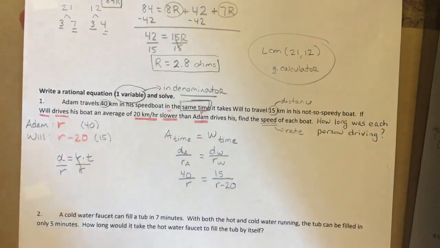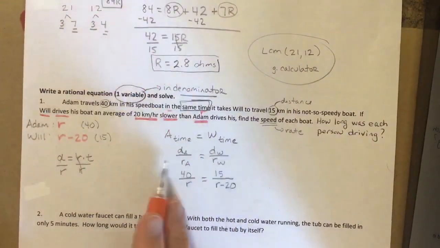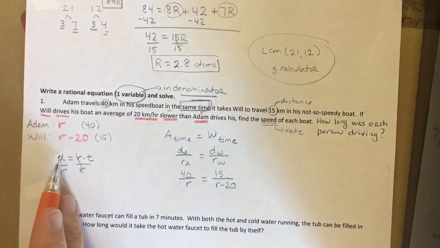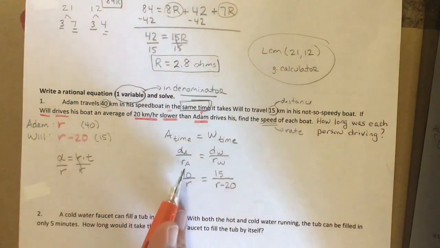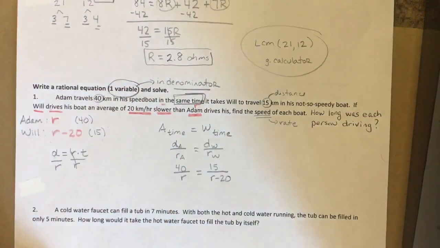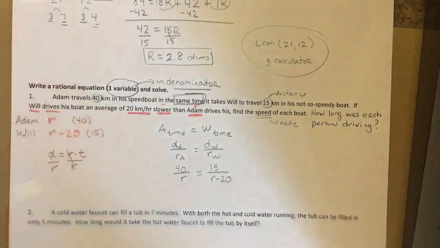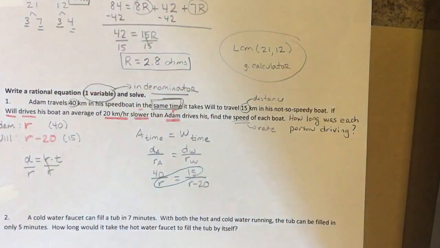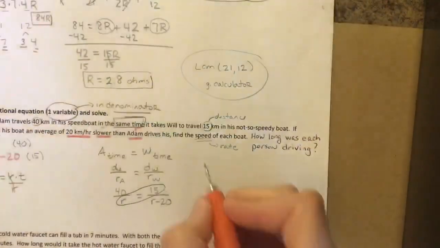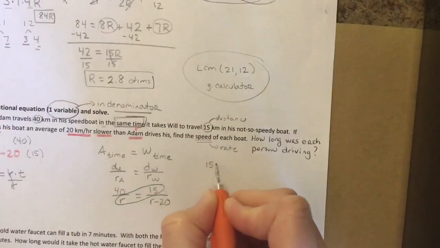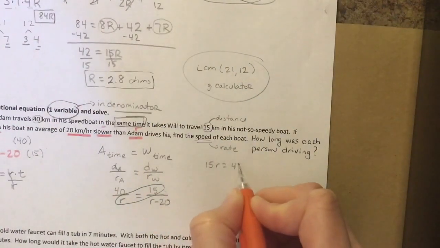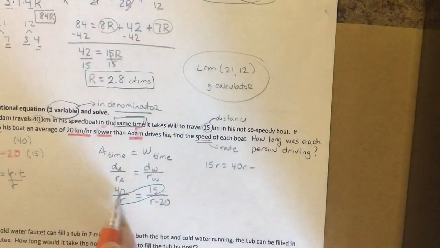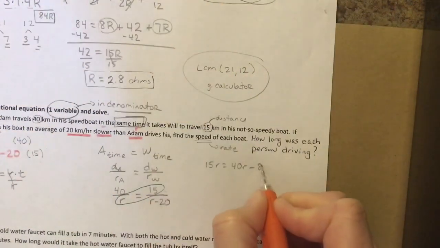So this is really setting their times equal, but we don't know their times. Time is distance over rate. So we have distance over rate equals distance over rate. This does not need an LCD. We can cross multiply. So 15r equals 40r minus 40 times 20, that's 800.